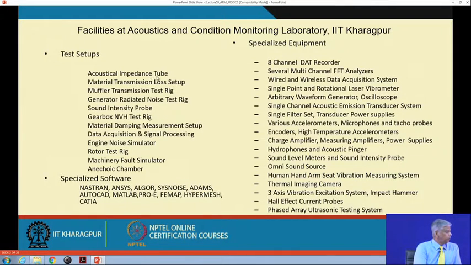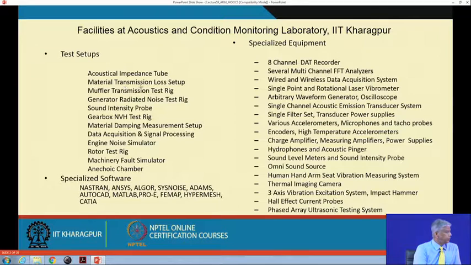Coming to the setups, we have an acoustical impedance tube where we can measure material properties. Initially, some of these were developed by our own efforts, and then as time progressed, we also procured some of the equipment to international standards.